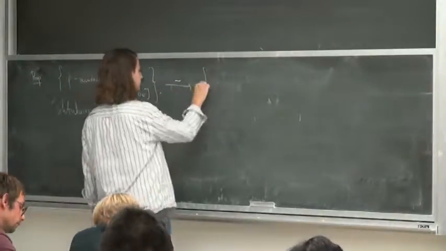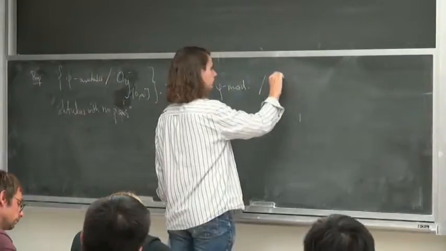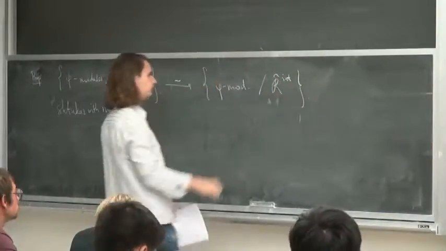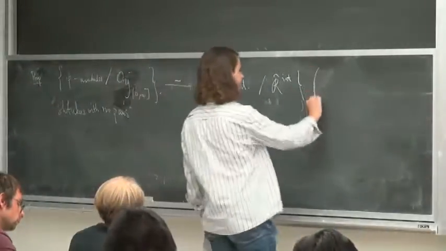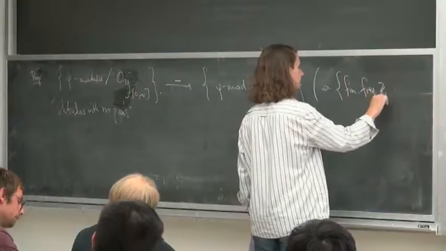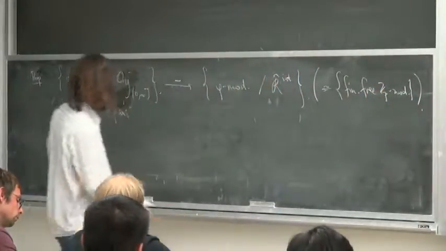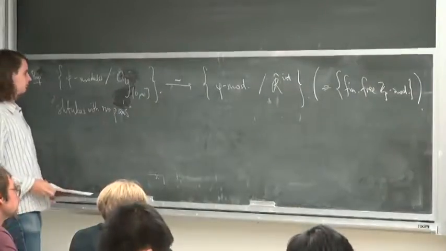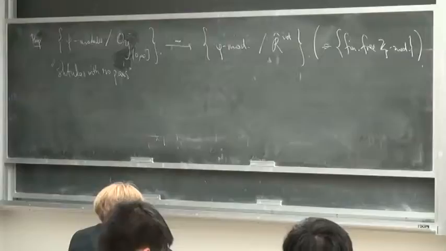That goes isomorphically to phi modules over a ring which then, by the previous result, are just finite free Z_p modules. And again, this is a simple observation, which I don't know whom to attribute it to, so I take suggestions.